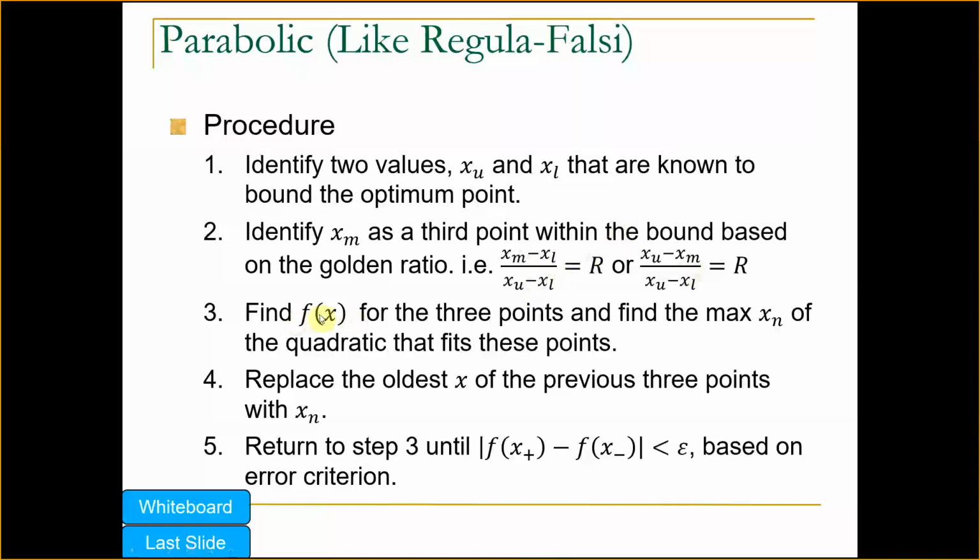And now you have 3 points, and you're going to fit those 3 points to a quadratic. Okay? And you always just replace the oldest of the 3. It's similar to the false position for root finding. Alright? I'm not going to go into detail in parabolic though.